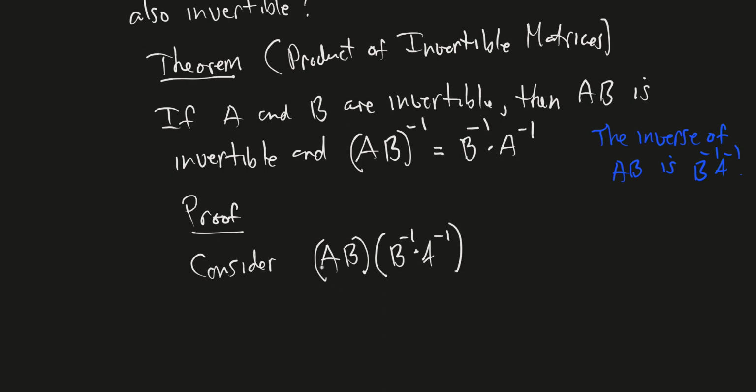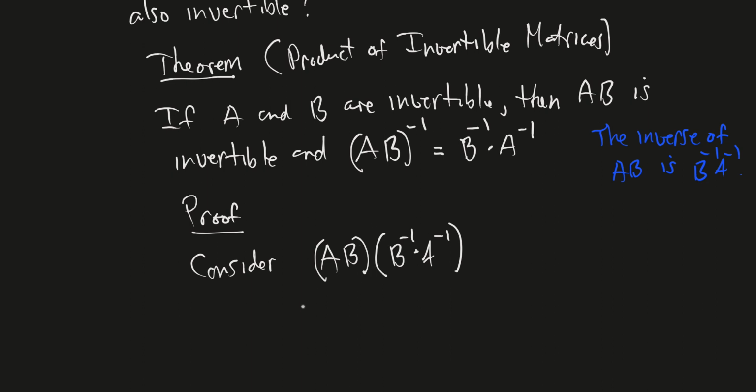Because if this product is equal to the n by n identity, and if it works both ways, if I put the AB on this side and simplify to the n by n identity, then in fact, yes, the inverse of this is this, and vice versa.